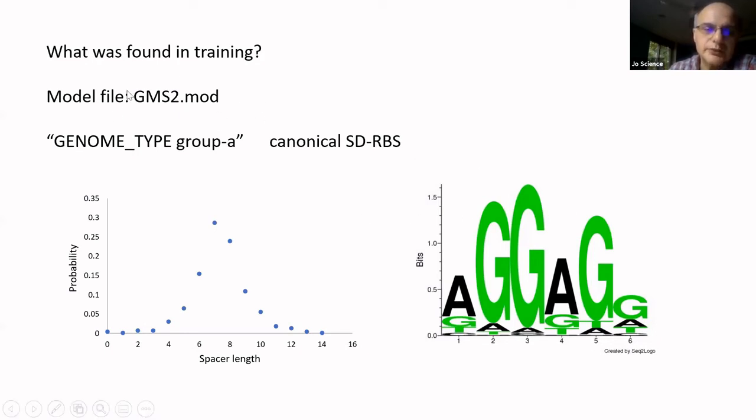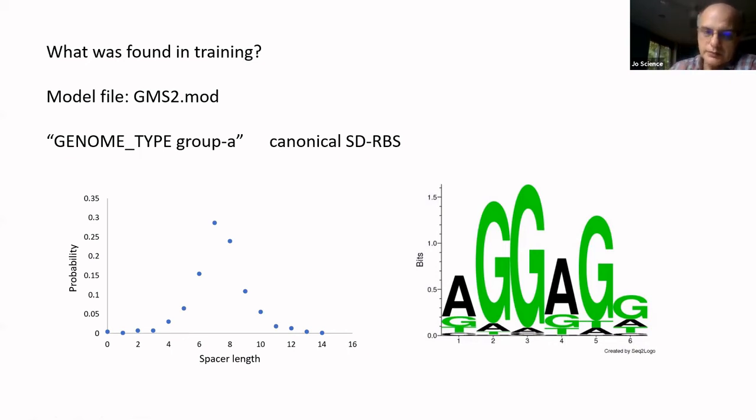So a model file is created for each training. And what it tells us is that this genome belongs to group A. Information about which group, what it means, is in the GeneMark S2 paper. And group A corresponds to a group of genomes which have the canonical Shine-Dalgarno RBS translation initiation mechanism.